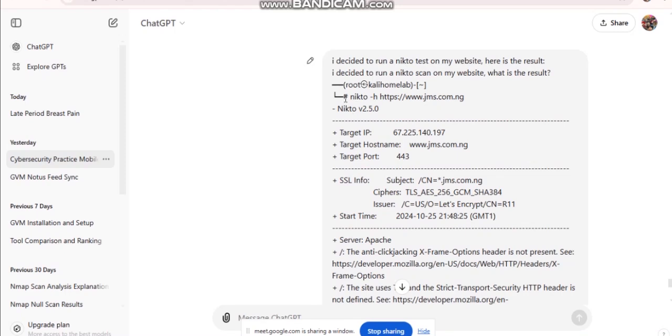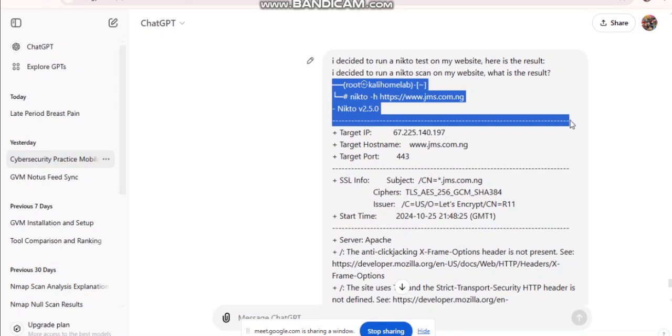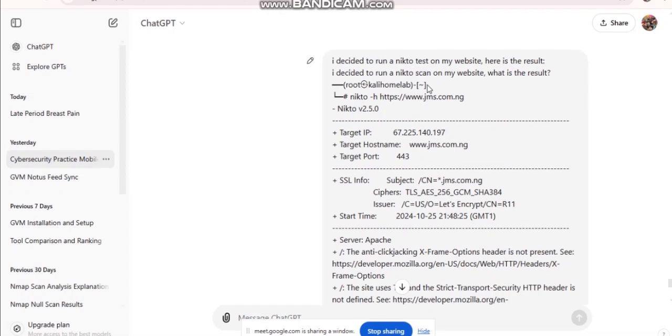So now this is where I started putting in the command. So this is my lab, my machine, and I was operating as root. So the command was nikto, then the IP address of whatever I want to search for.